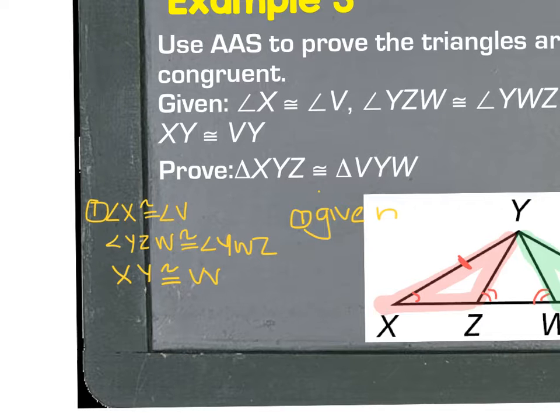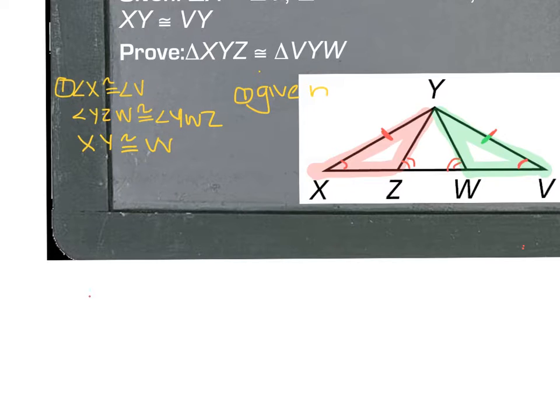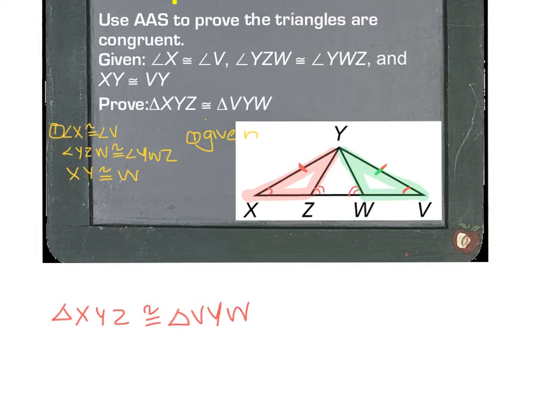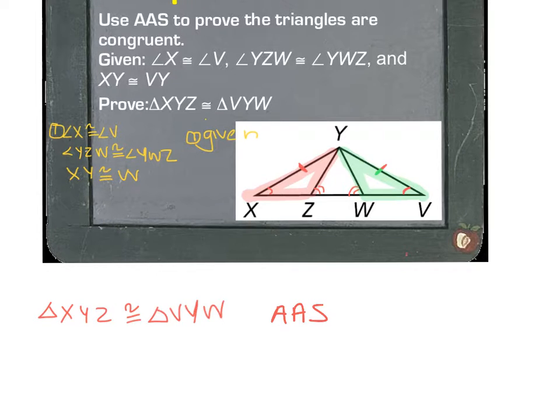So I know my end result goal is triangle XYZ is congruent to triangle VYW, the ones that we highlighted. You with me so far? And do we know how we want to prove that? How does it say to prove that? It says angle-angle-side. So we even know the reason for that. We just got to figure out how to get there, all the pieces in between. So what information do I already know about those triangles? Because I do have some stuff already marked, right? What part of it do you already know?